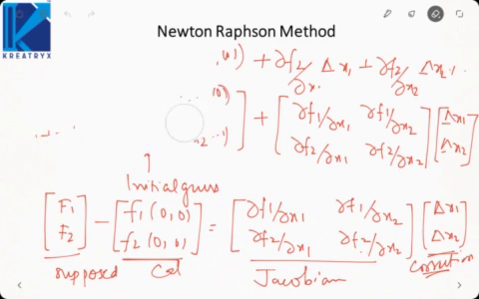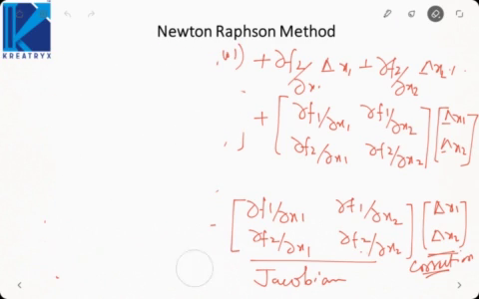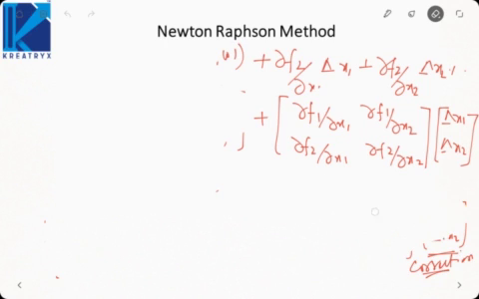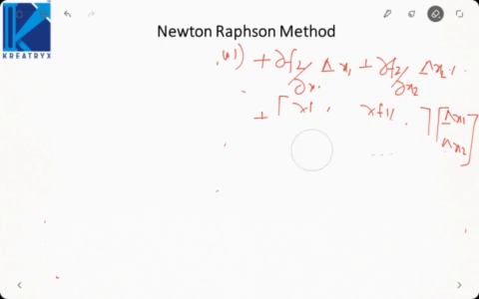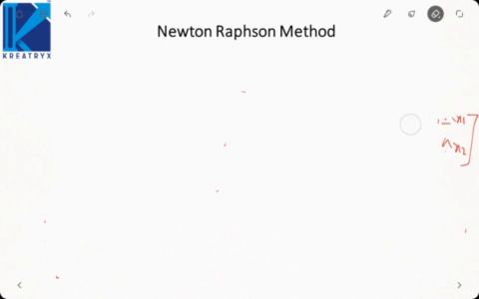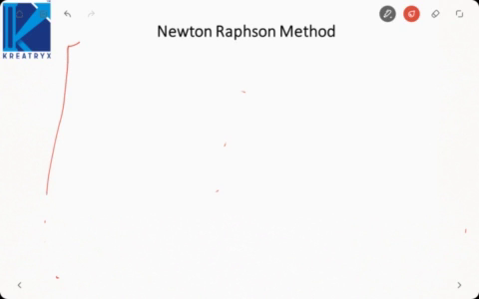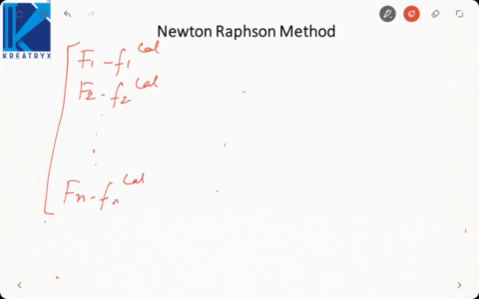Now if we represent it for n variables, how can we represent Jacobian as well as our solution? It will be, that is my supposed value minus calculated value. Supposed minus calculated.